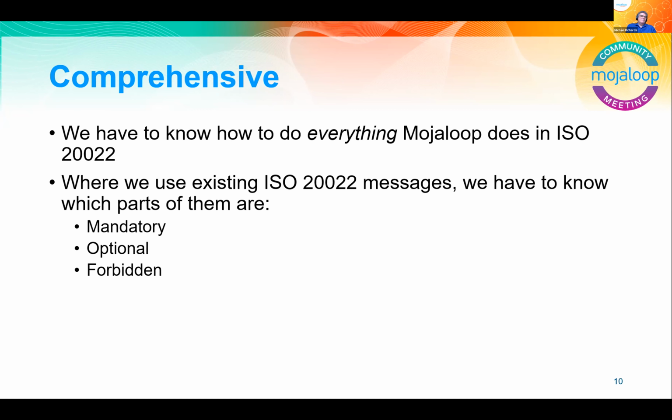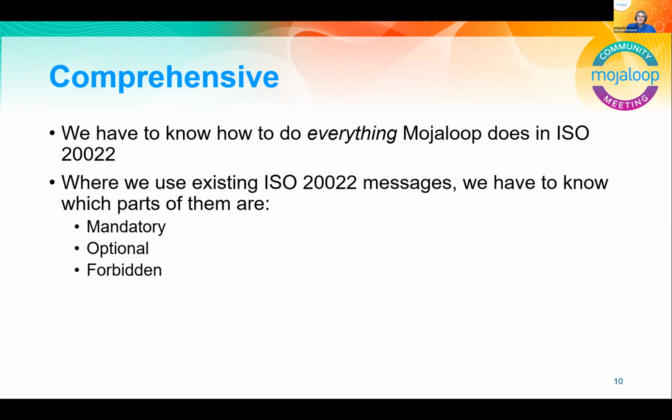Also, we have to let people know which fields are optional and what optionality means, because there are really two forms of optionality here. One is you can fill it in or not as you please. It doesn't make any difference, but we will forward it to the recipient of the message. The other kind of optionality says you can fill this in if you like, but we'll just throw it away.